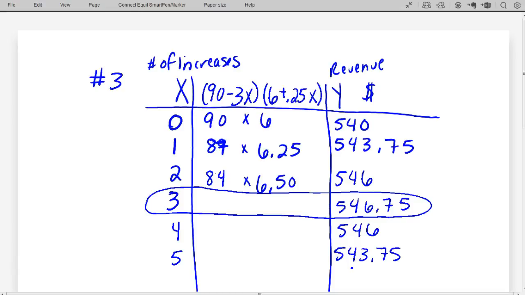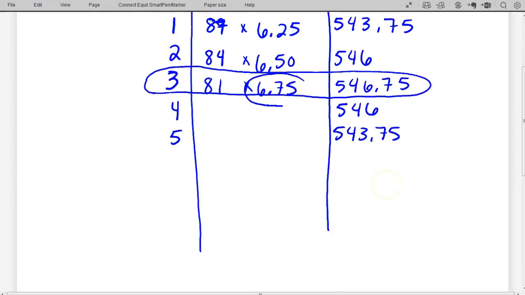That would be $6.75 right here, right? This would be 81 times $6.75. So to maximize our revenue, we raise the price 3 times. We'll end up selling to 81 people. The price of the lunch is $6.75, and our maximum revenue is $546.75.